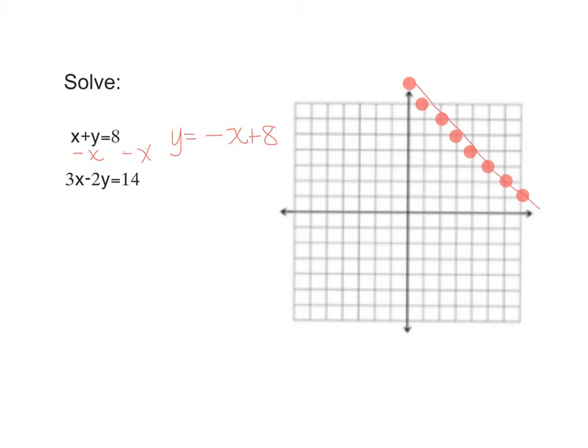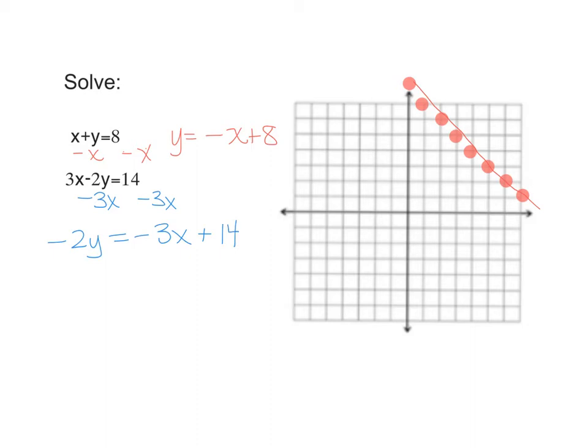You can do a better job on paper than I can here. My line's a little off, but the points are in the right spots. For the second one, I can subtract 3x from both sides, and I'll get -2y equals -3x plus 14.